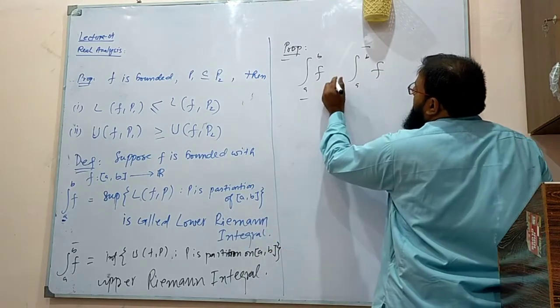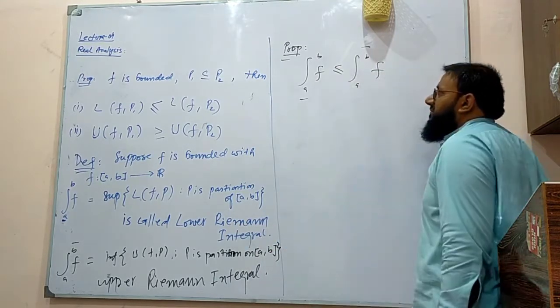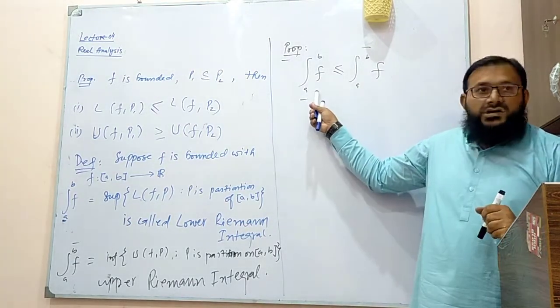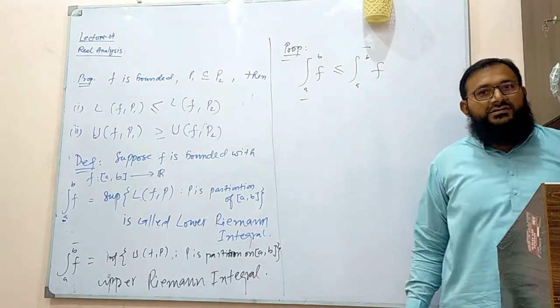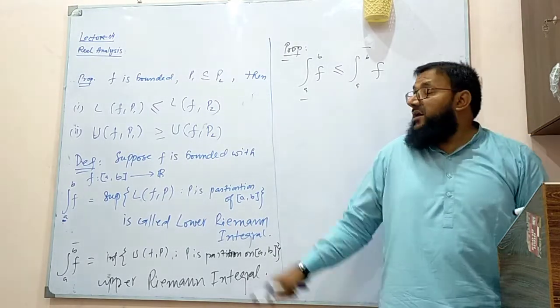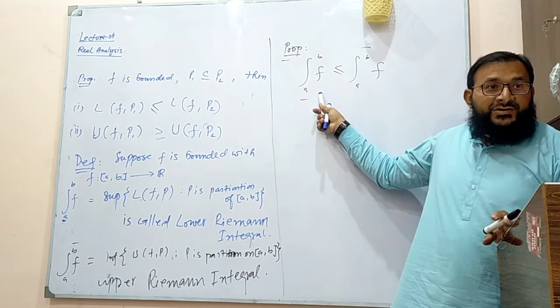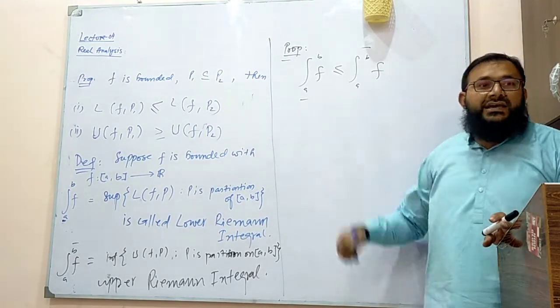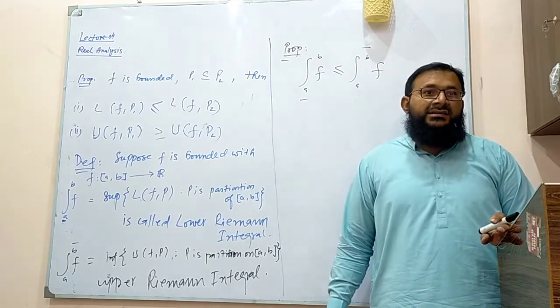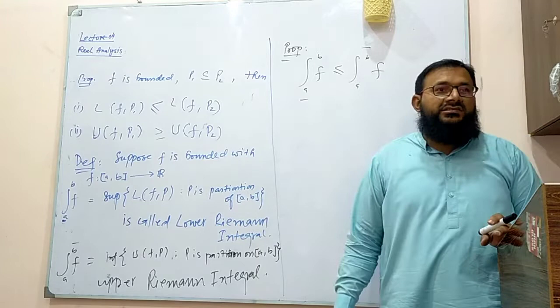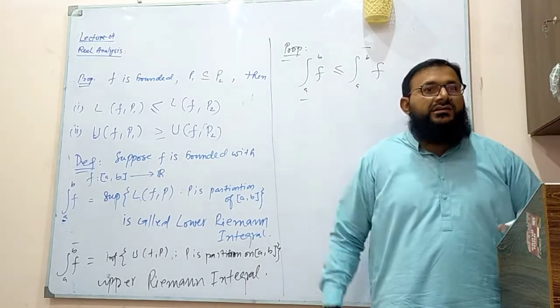But if not equal, the things will look like this, because this is the lower Riemann integral, this is the upper Riemann integral. But we want this to be as much greater as possible, and we want this to be as small as possible. And we want these to be the same as each other. Then we say that the Riemann integral of this function exists.